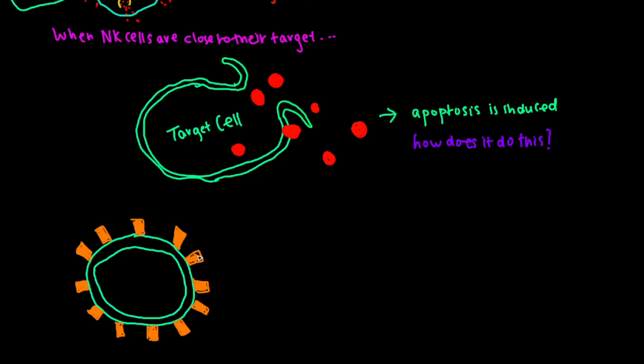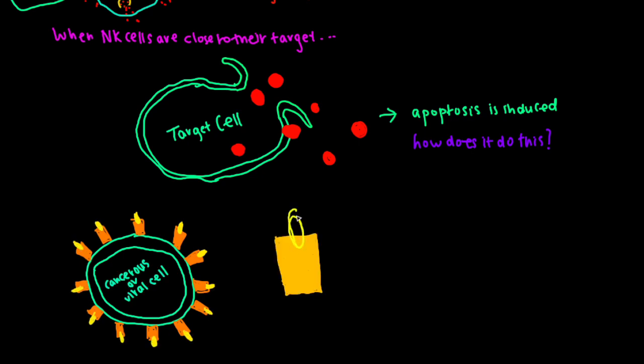Okay, so that's going to be our target cell. On the target cell are these tiny orange rectangles with yellow ovals on top of them, which allow the NK cell to recognize the target cell. So when a cell is abnormal or virally infected, the abnormal host cell will present abnormal antigens on its cell membrane, which will be recognized by the immune system or natural killer cells.